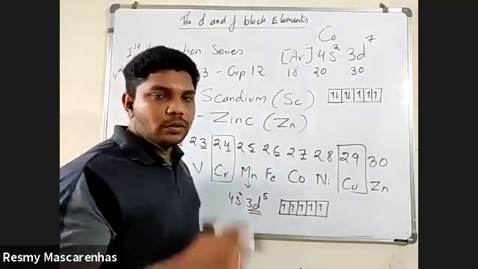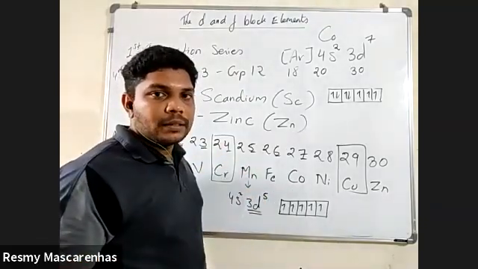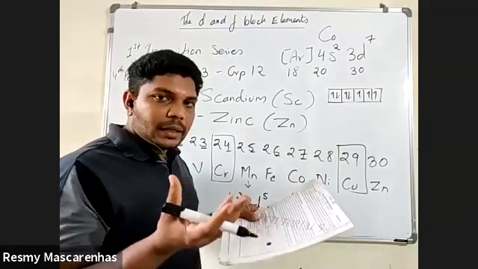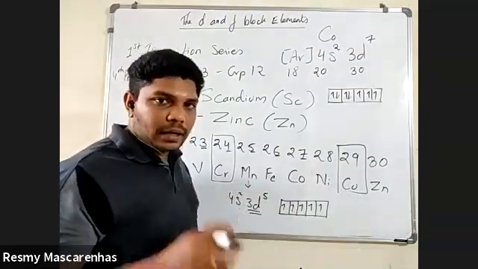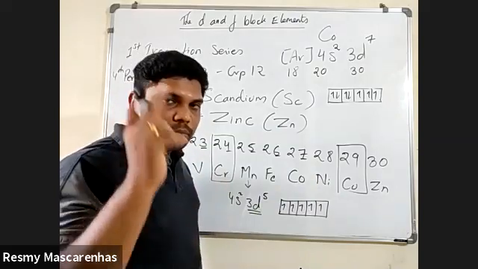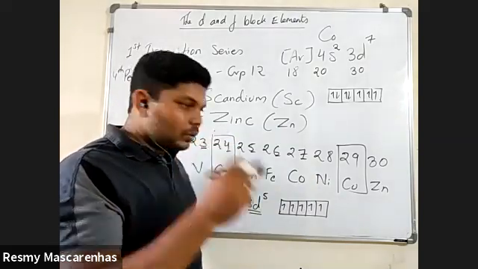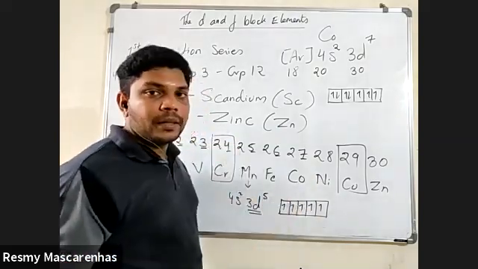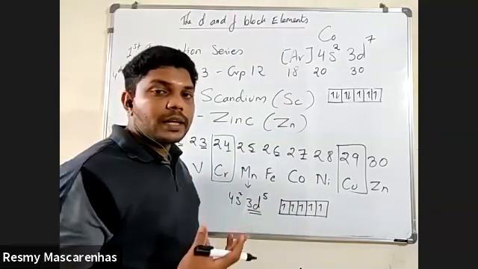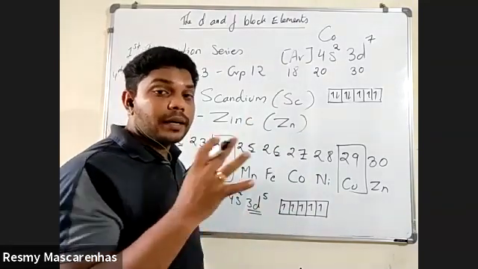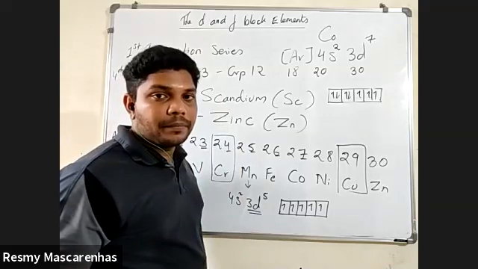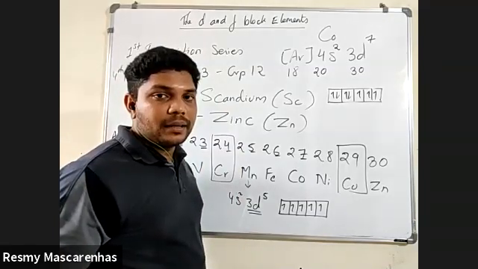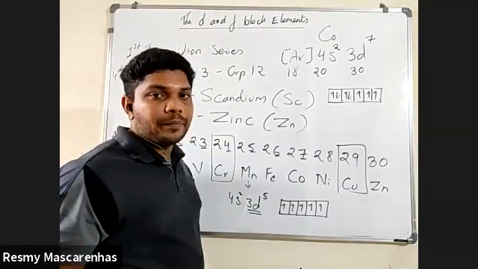Diamagnetic means no magnet. So if any substance works as a magnet, attracts, then always remember that in those elements there will be unpaired electrons. Wherever more unpaired electrons are there, it acts as more magnetic. That is paramagnetic. Understood, everyone?